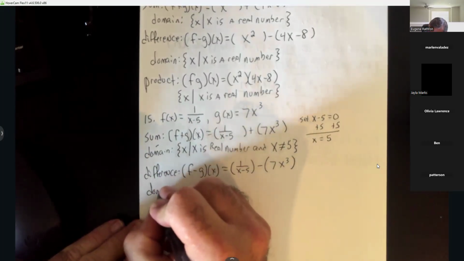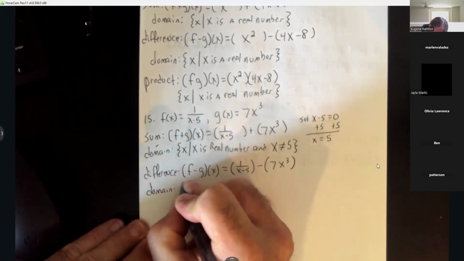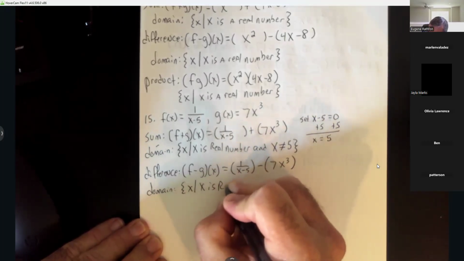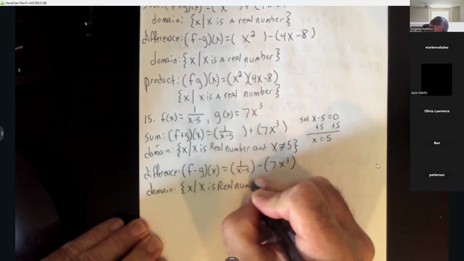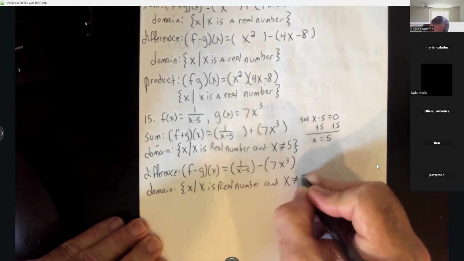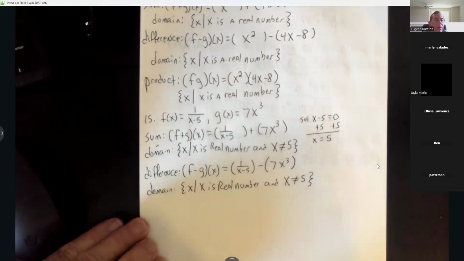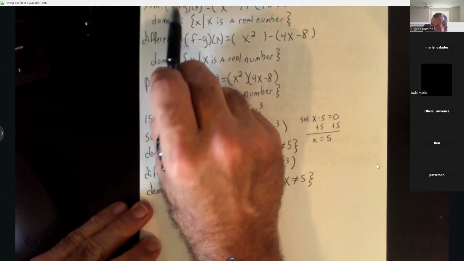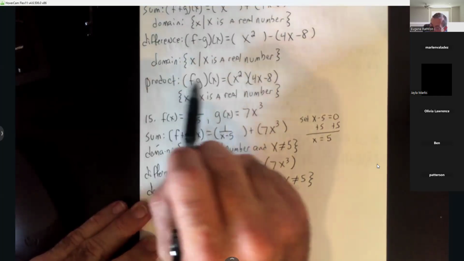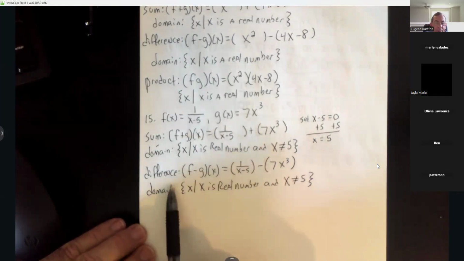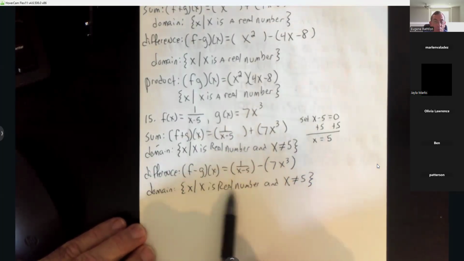So this domain is going to be x such that x is a real number and x cannot equal 5. You're going to notice a pattern here. Adding, subtracting, and multiplying all had the same domain here. And look here, your adding, subtracting already have the same domain.